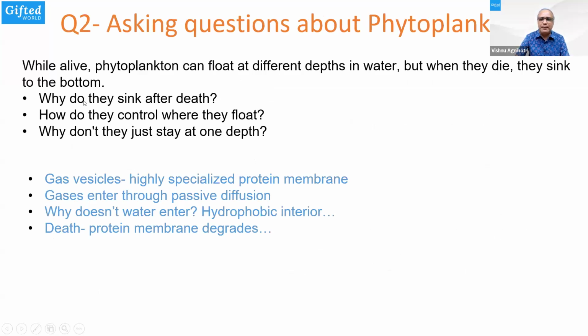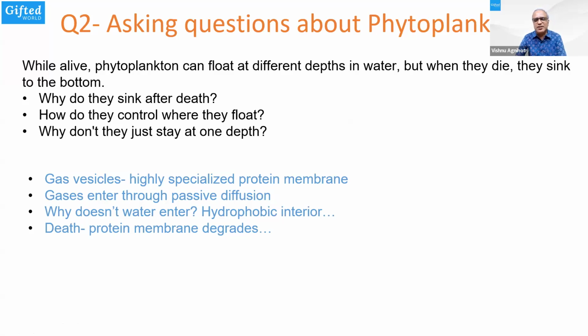I want to share a bit about some of the questions I asked when I first saw this, because I'm not from a biology background. My background is more in engineering. So when I saw this thing that phytoplankton die and they sink, I'm wondering why do they sink?